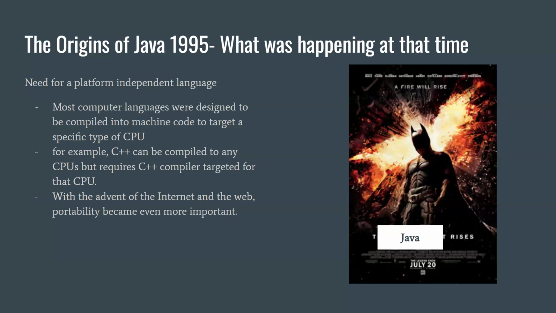And with the advent of the internet and the web, portability became even more important. There was a need for a platform independent language that is not dependent on a specific CPU, because it is difficult to target a specific CPU.